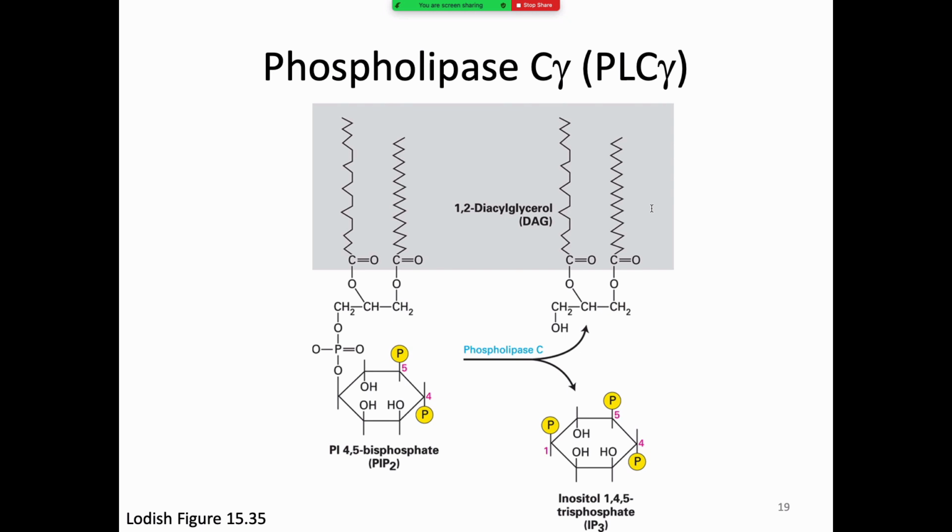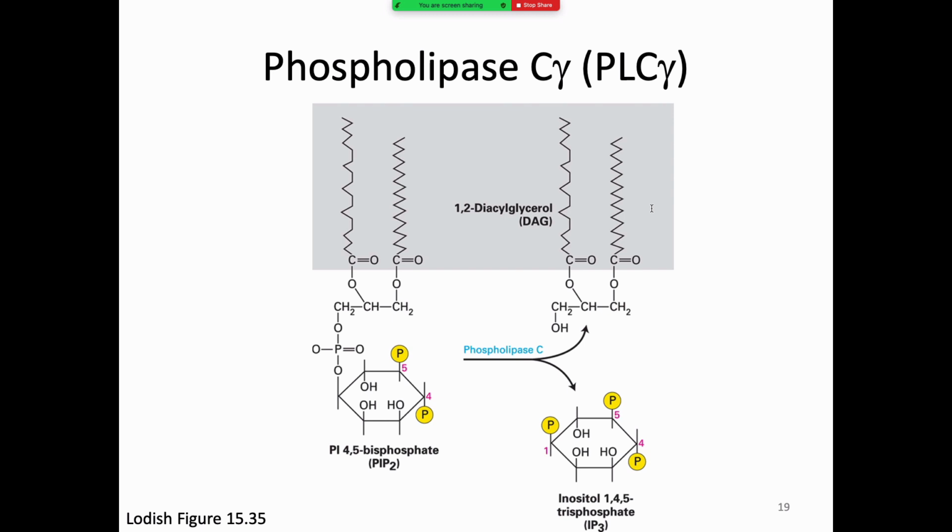It's known as PI 4,5 bisphosphate, or known to those of us in the biz as PIP2. PLC gamma will take PIP2 and will cut it into these two products. One is called inositol 1,4,5 triphosphate, also known as IP3. The other is known as 1,2-diacylglycerol, or DAG. And so PLC cuts PIP2 into IP3 and DAG.